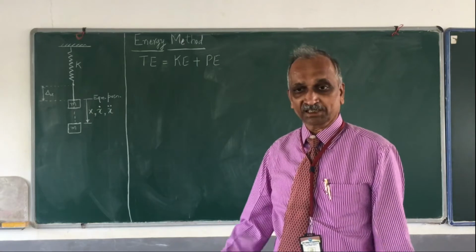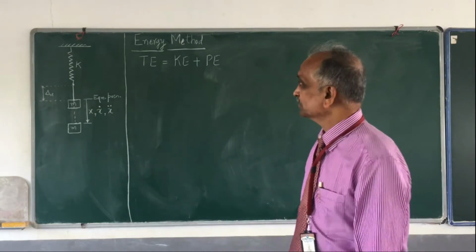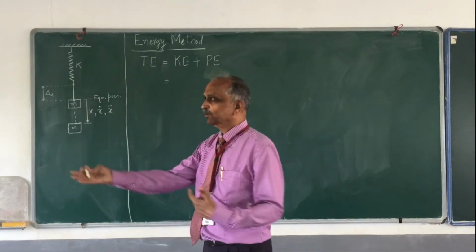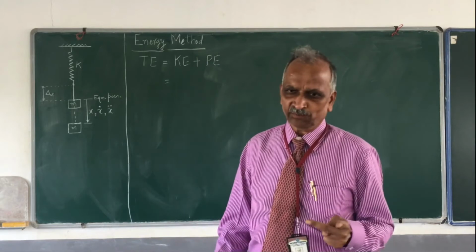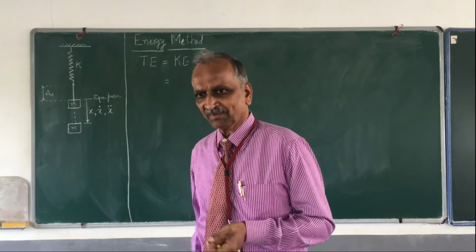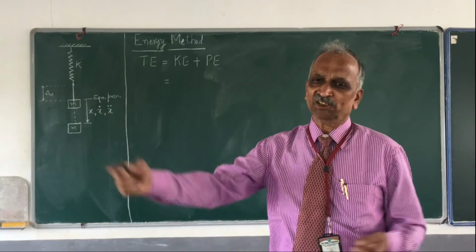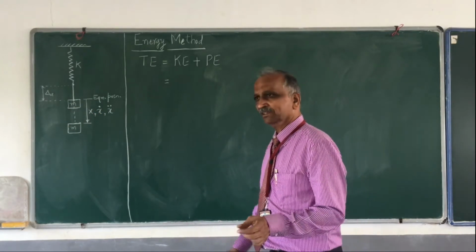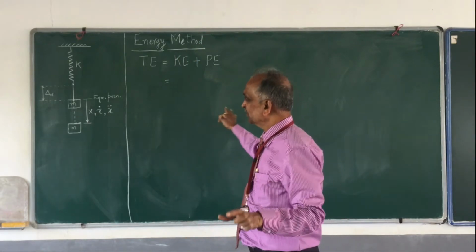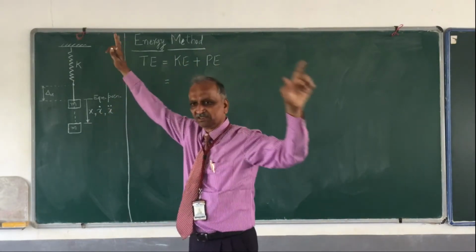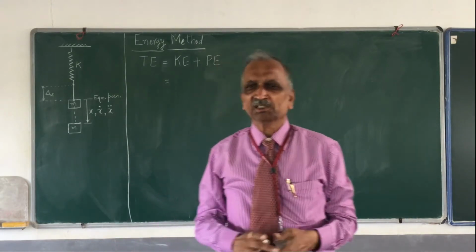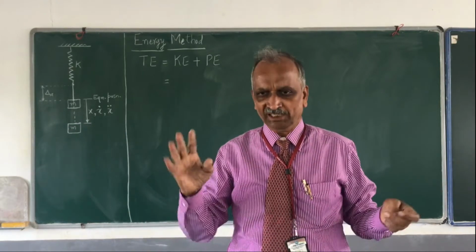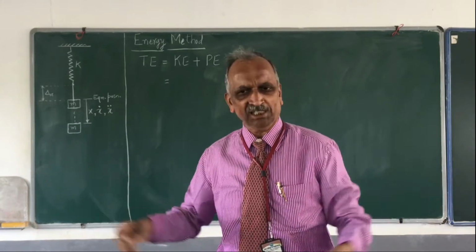Kinetic energy is the energy possessed by the body because of its motion. When I say motion, I have two types of motion. Motion along a straight line we call translation. In mechanical systems in general, there may be some parts undergoing motion along a straight line, horizontally, vertically, or in any inclined position.